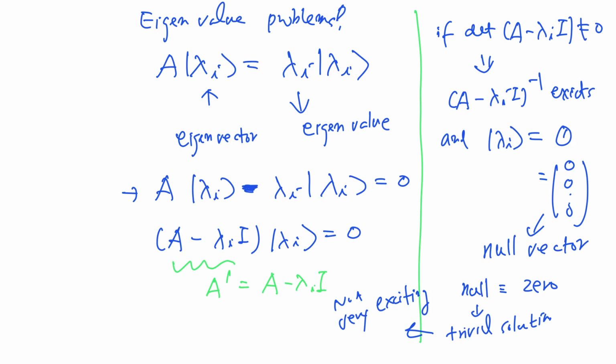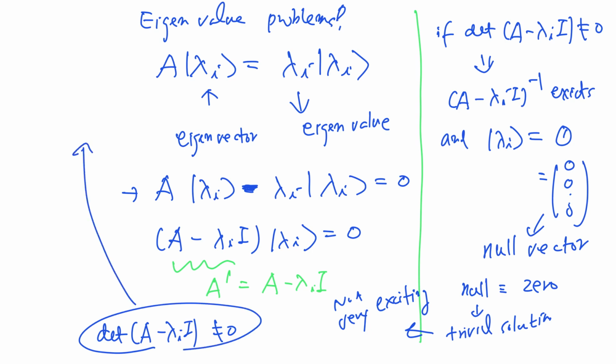So the condition for the existence of a solution for the eigenvalue problem is that the determinant of A minus lambda I is zero. Sorry, zero, right?